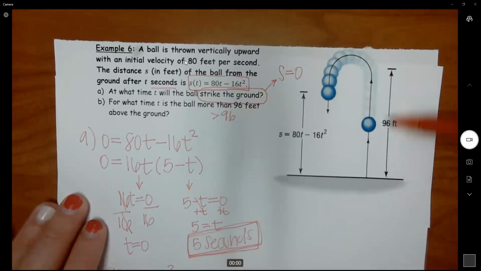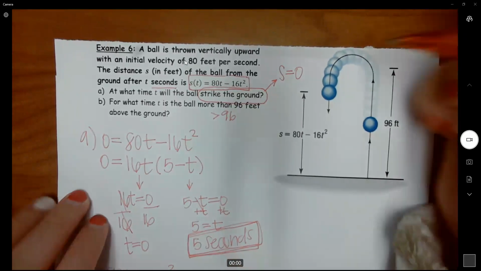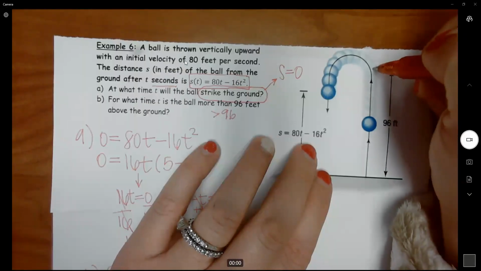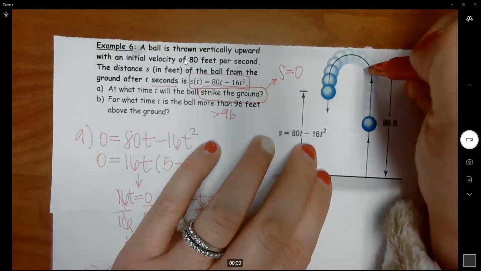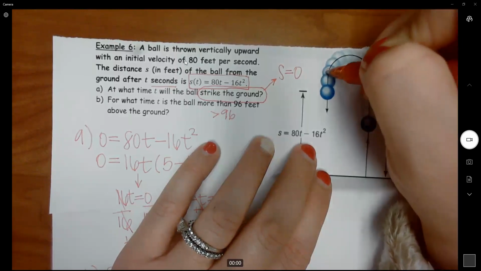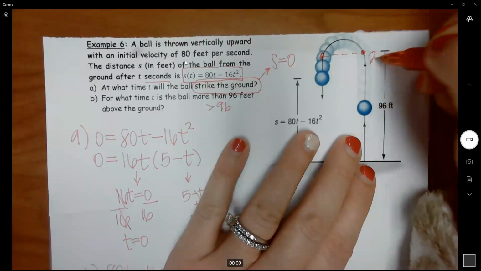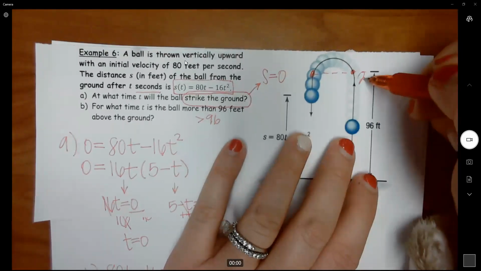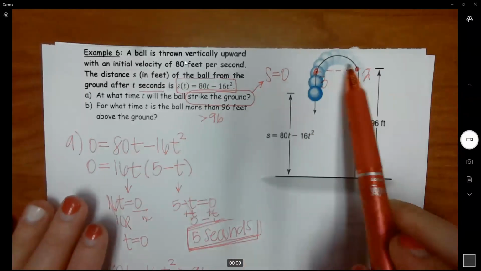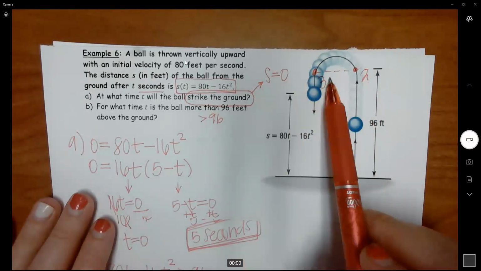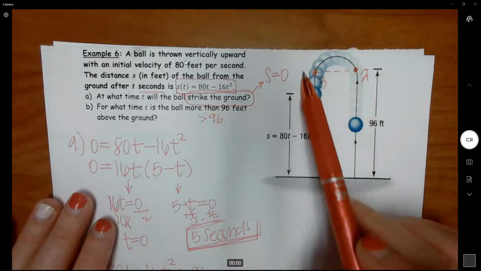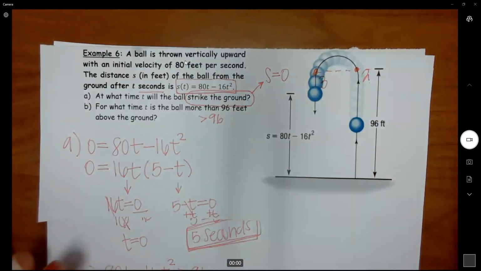So you can see here in the diagram, here's my 96 feet. I got 2 seconds, and I got 3 seconds. And so it's in between these two intervals that my ball is more than 96 feet.